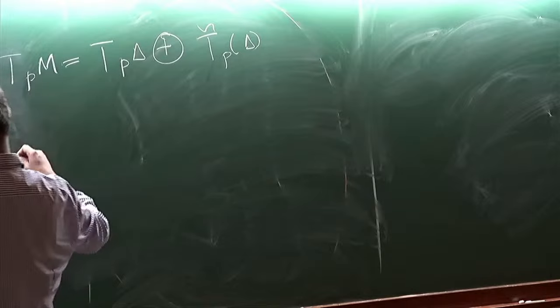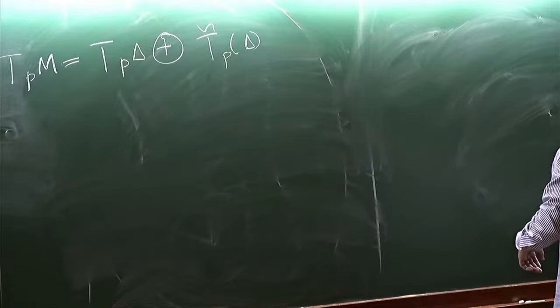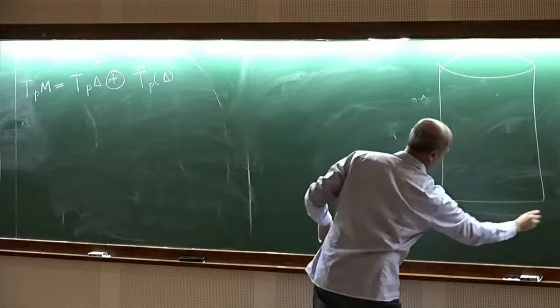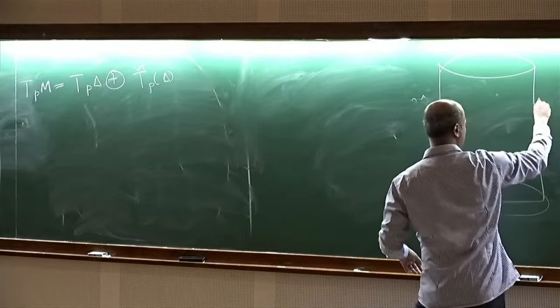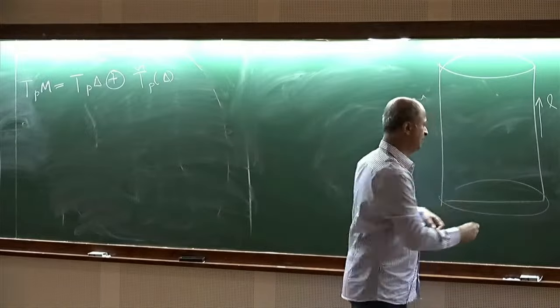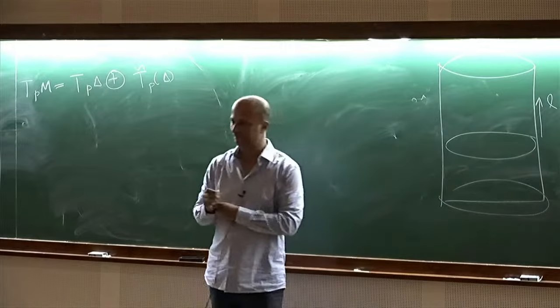So let me again draw the horizon here. The L vector goes along here. Now each cross section, if you remember, has two null normals, L and N, right?